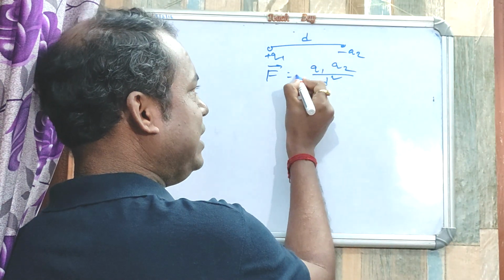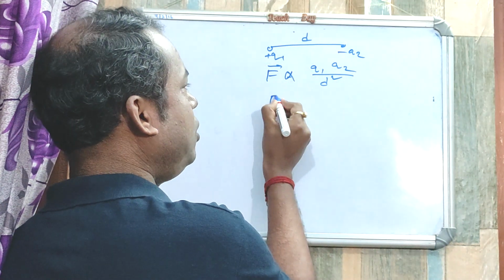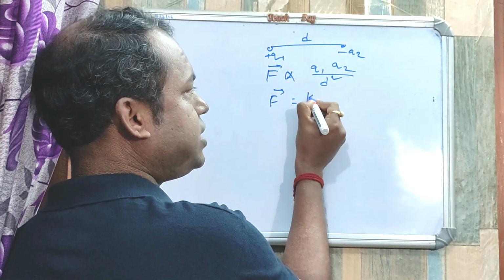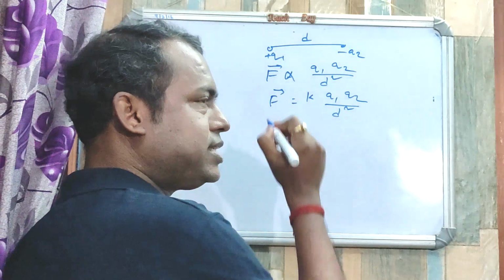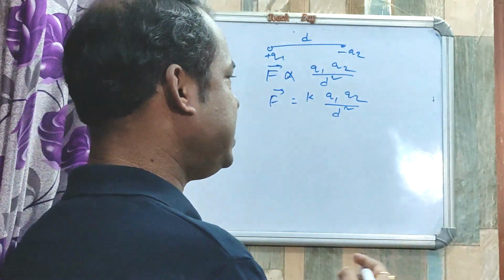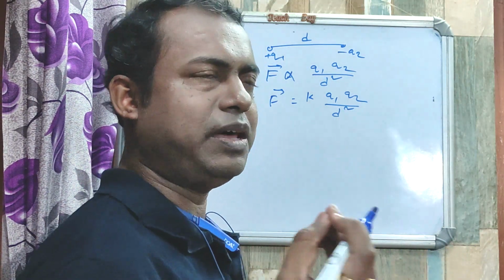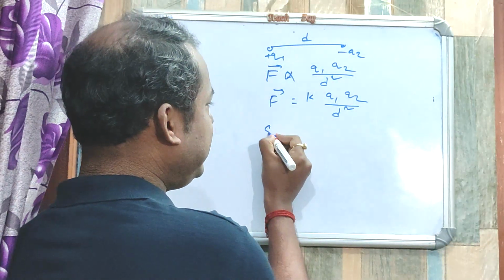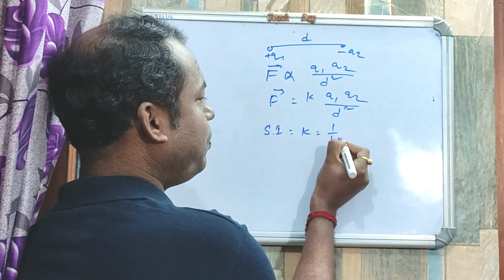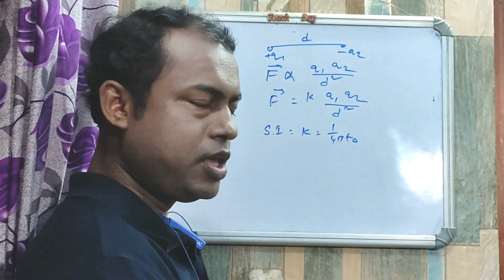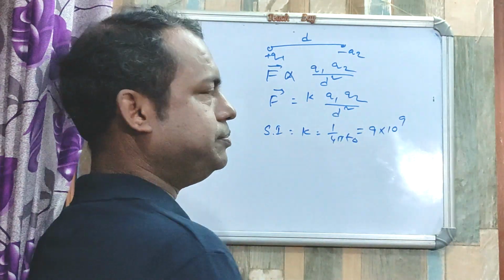Obviously this is proportional, and when we change proportional to equal, we need a constant, represented by K. This K is a proportionality constant, and it depends mainly on two things: the unit and the medium. For the SI unit, the value of K is 1 by 4 pi epsilon 0, which is 9 into 10 to the power 9.